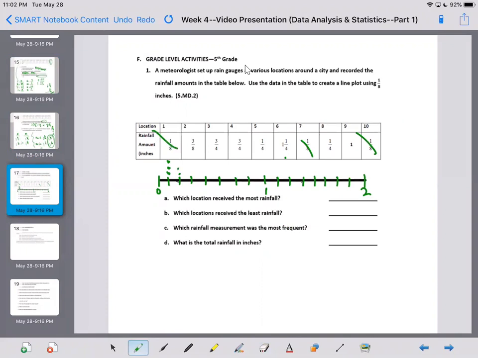And I should see 1 at 3/8. And then 1 at 3/4. And then I should see 1, and then the 1 and 1/4.